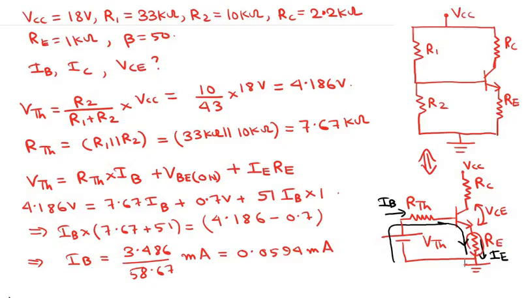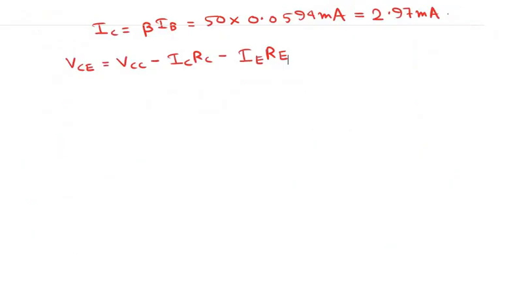Okay, so VCE is equal to 18 volts minus ICRC. IC is 2.97 milliamperes, so 2.97 milliamperes into RC, which was basically 2.2 kilo ohms, minus IE, which is also approximately 2.97 milliamperes.